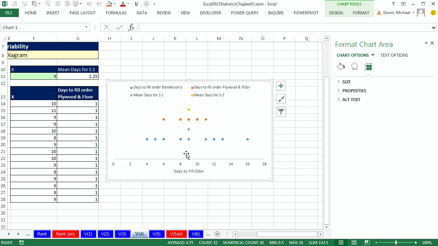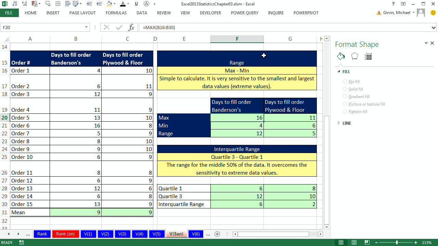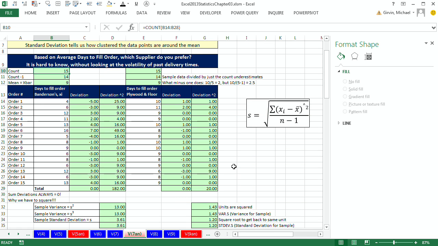All right, in this video, we talked about dispersion and spread in the data. We saw visually this chart. We also learned about the range and the interquartile range. We then learned about the very important and often used variation, but standard deviation for the sample. We did it longhand.